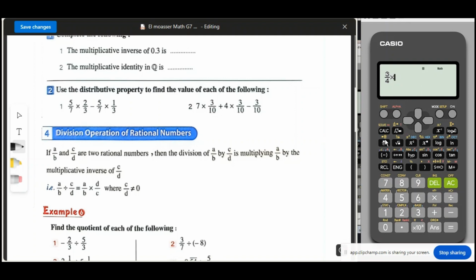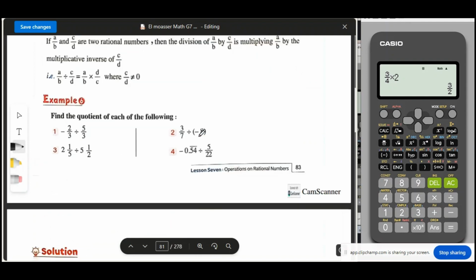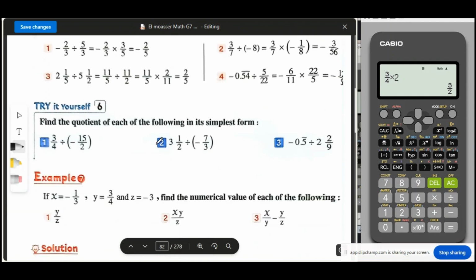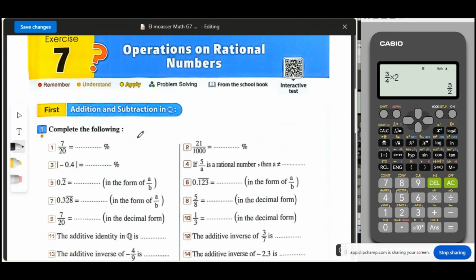Make sure to keep in mind that 2 over 1 equals the same as 2. 3 over 4 divided by 1 over 2 is the same as 3 over 4 times 2. Just change to the multiplicative inverse and you got it. 3 times 2 equals 6, so 6 over 4. Simplify it to 3 over 2. Very easy and simple.